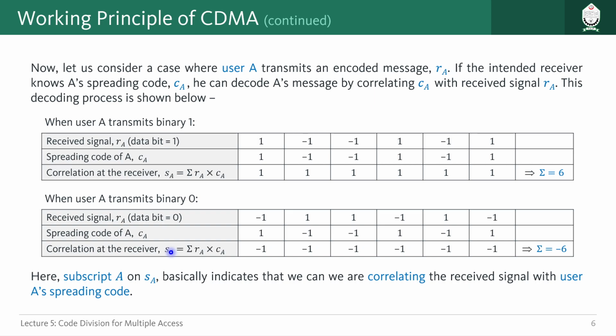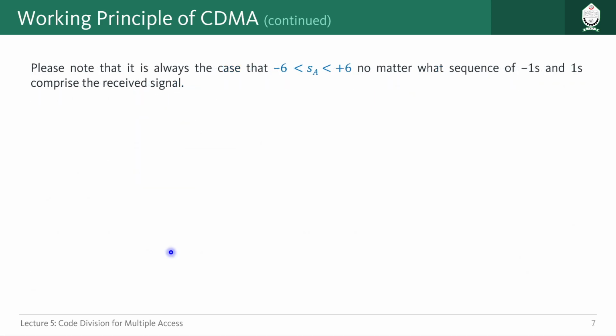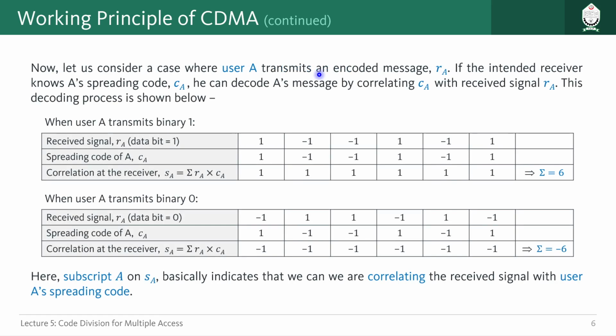So in this way we have to denote our notations. Now let us try to actually understand what is happening in the previous slide. So you see our correlation value, we got plus 6 and minus 6, but if you look at the previous slide, the maximum value possible for this correlation is 6 and the minimum value is minus 6. Because all of the values are 1, we cannot get a much higher value than that.